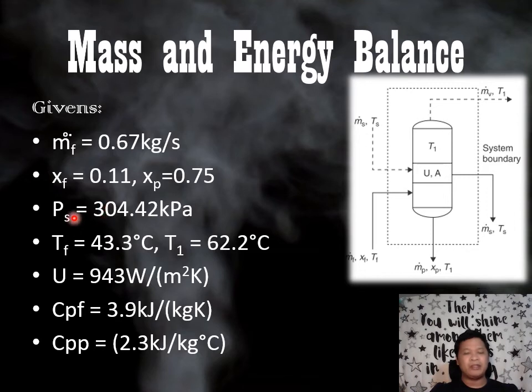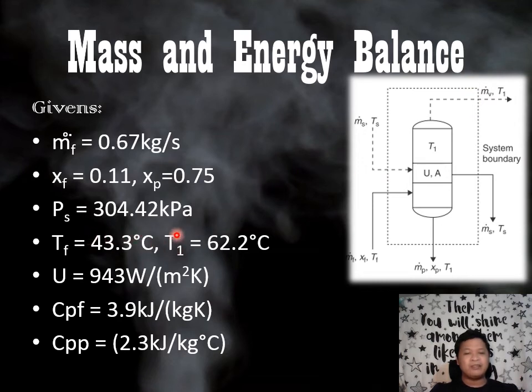You might need to interpolate to get the temperature. Then you have the temperature of the feed and the product. So, goes without saying yung temperature ng product at yung temperature ng vapor from the product is the same.